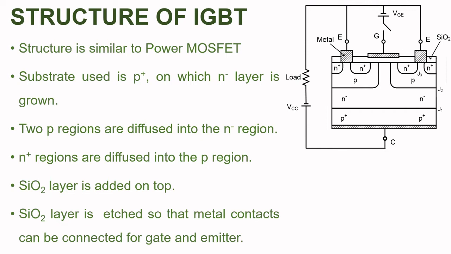On the P plus type of substrate, a layer of N minus region is grown. Two P regions are diffused into the N minus region as shown in the figure. Inside the P region, N plus region is diffused.